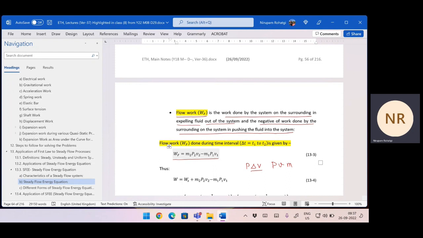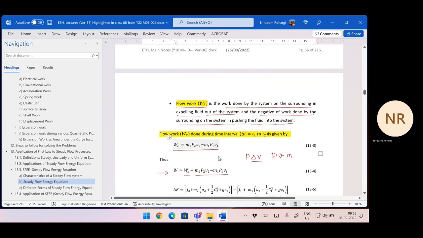In any case, even if they are not the same, the external pressure is to be taken. So work done by the system on the surrounding is P2 v2 into m2. And similarly, surrounding is doing work equal to m1 v1 P1, and you can subtract that to get the total work. So the total work is equal to the sum of shaft work and this flow work.